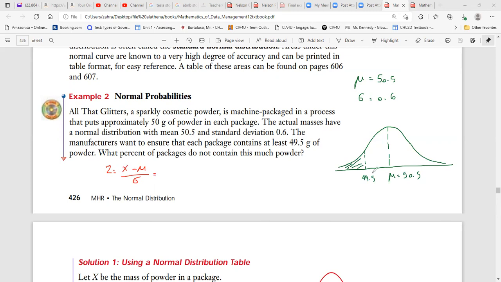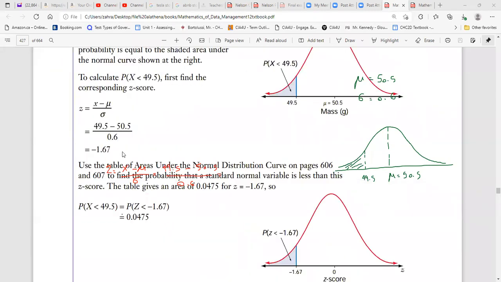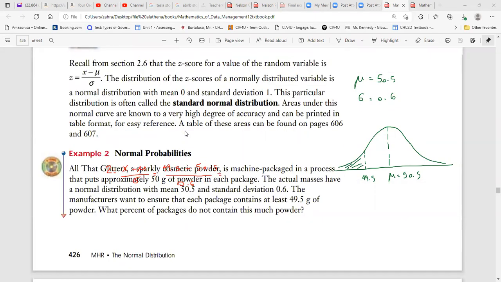So x here is 49.5, minus mu, 50.5, divided by sigma, 0.6. Basically, the z score is how many standard deviations you are away from the mean value. If you do that, you get negative 1.67.